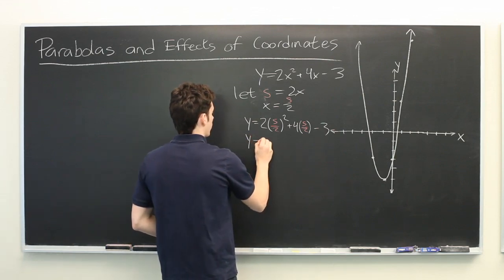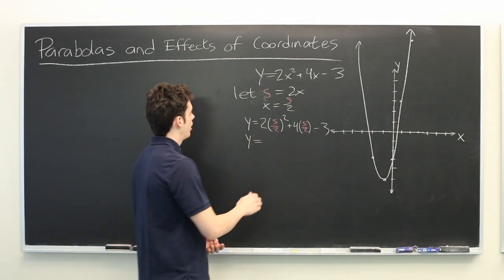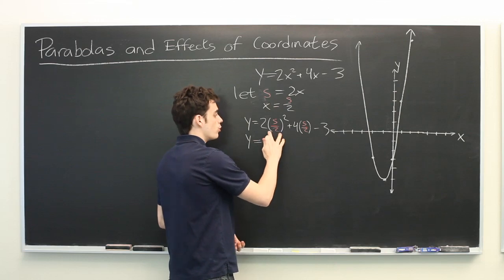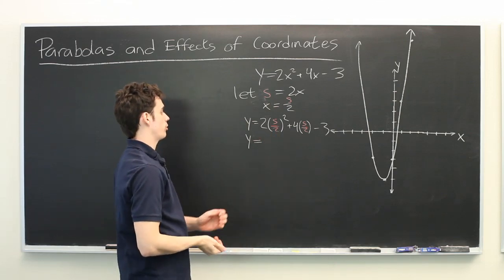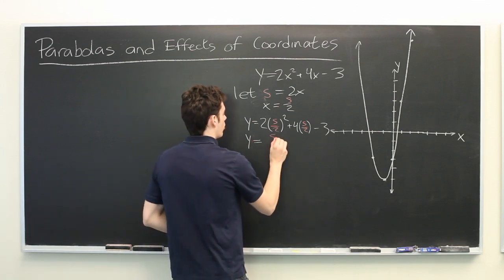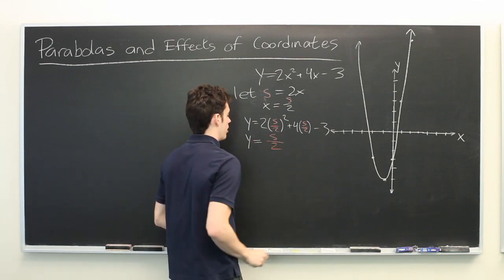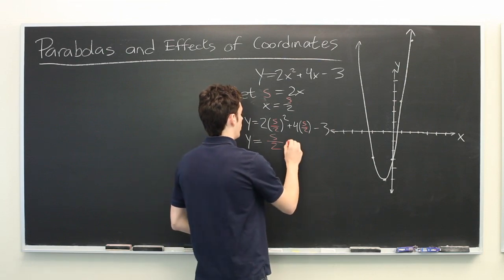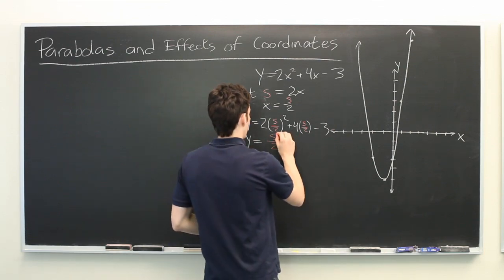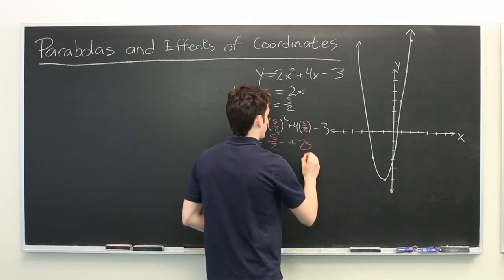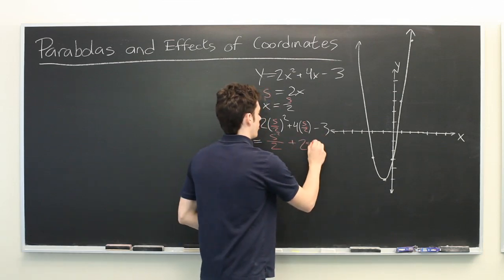So we can again rewrite this. S over 2 squared is going to be s squared over 4. Multiply that by 2, we get s squared over 2. 4 times s over 2 is 2s, minus 3.